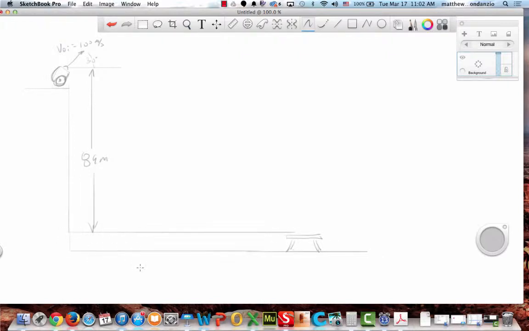Okay, to the top of the trampoline, right? For the target. And I asked you for the distance to the center of the target. That was the delta x that we needed to figure out, right? Is that correct? Okay.